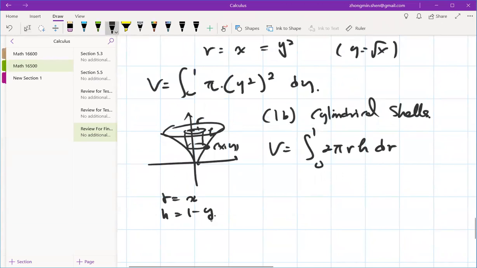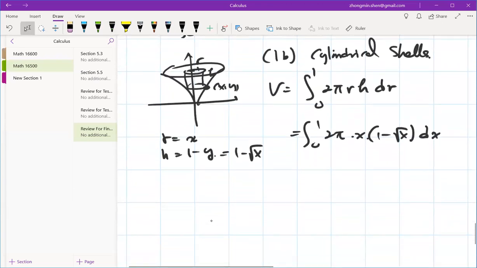If I use x, then y is the square root of x. Since r is equal to x, you don't need to make any change. So the integral is going to be 2 pi x (1 minus square root of x) dx.